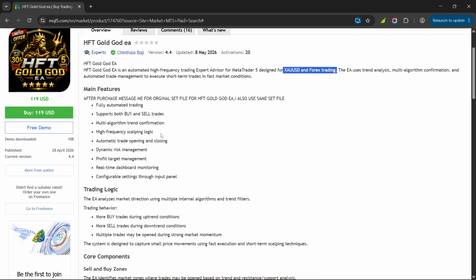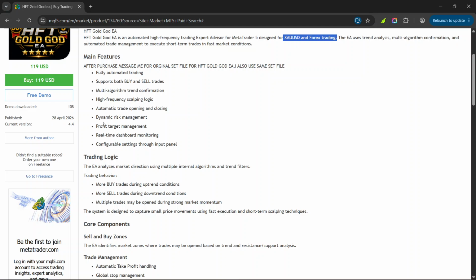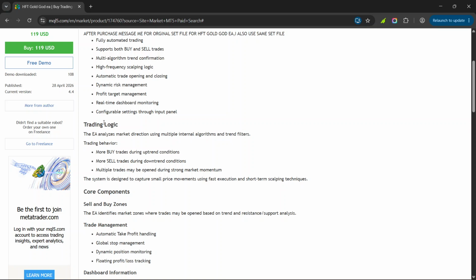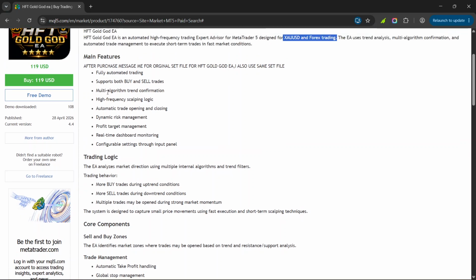The trading logic is pretty straightforward on the surface. It identifies buy and sell zones based on trend and support or resistance analysis. You'll see more buy trades during uptrend conditions and more sell trades when the market is trending down.